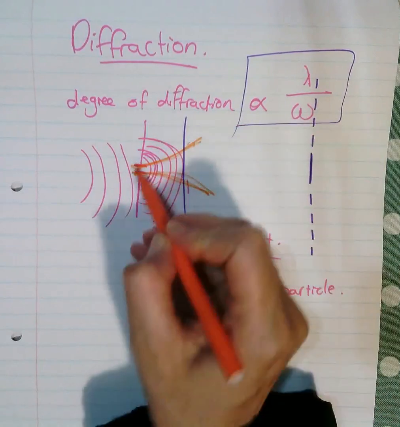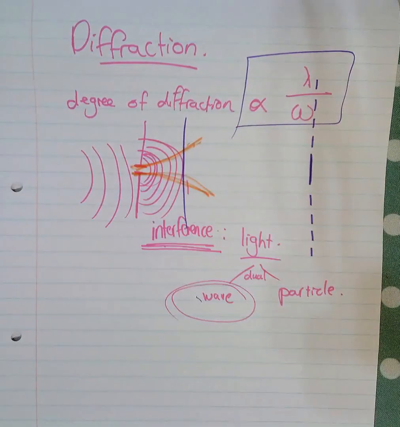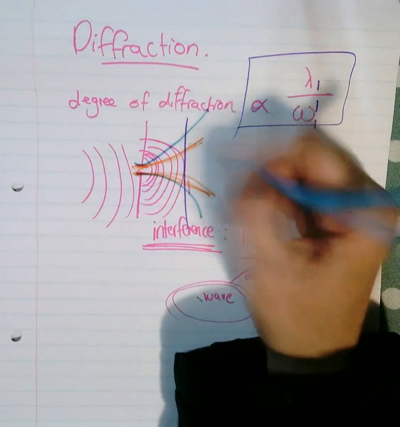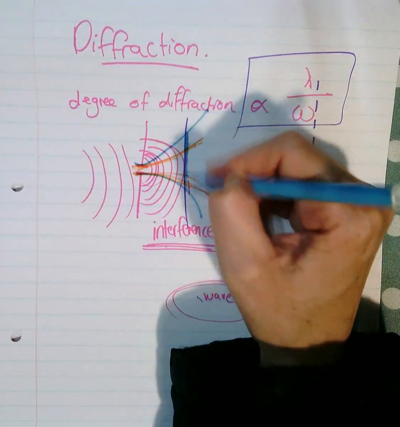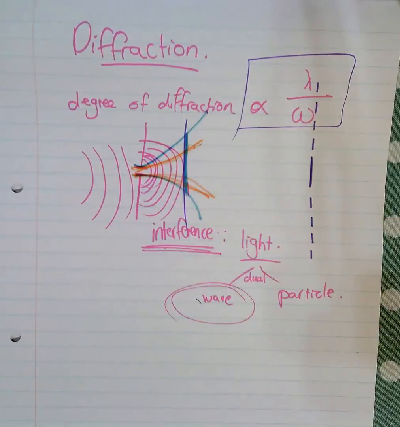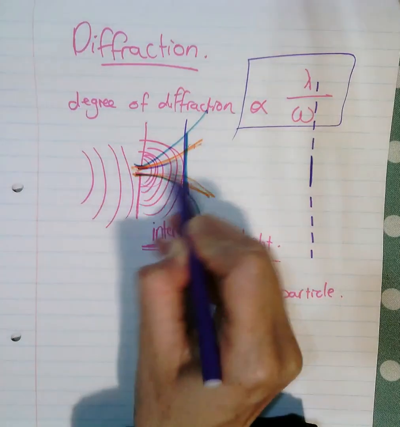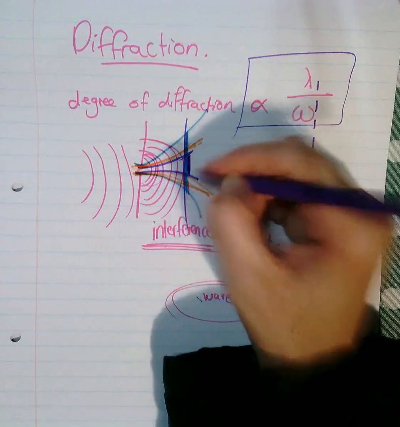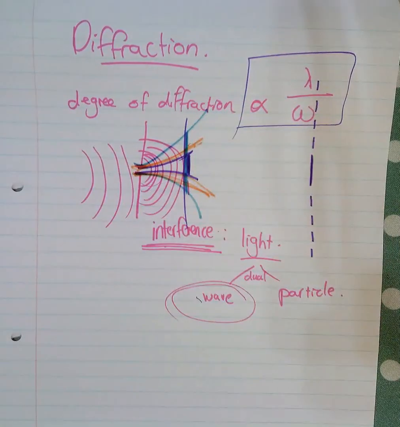So if it bent a lot, like in this blue, that light bent a lot, then we are going to see a longer central light band. But if it only bends a little, like in this purple, just a bit like that, then we're only going to see a short central light band like that.